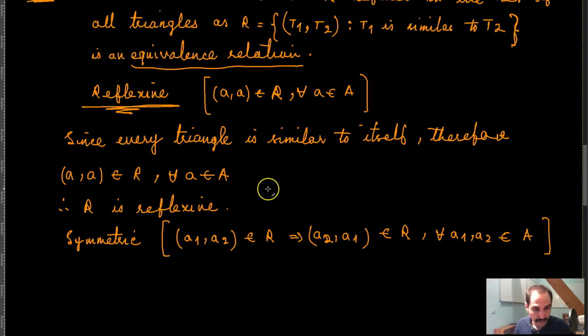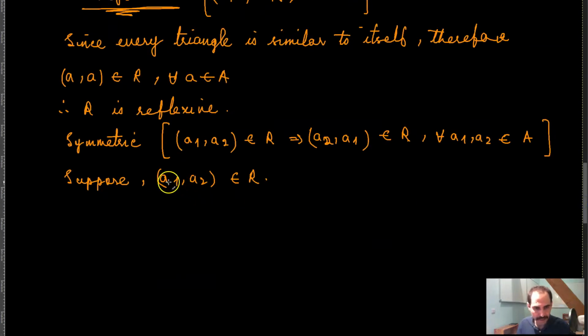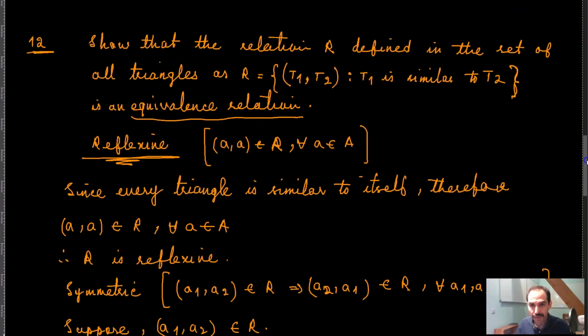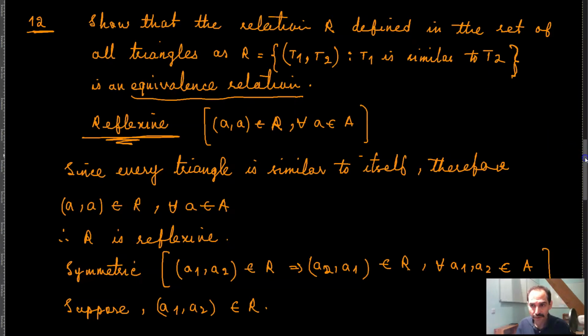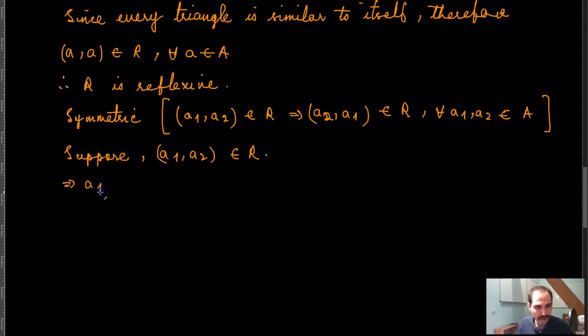Now you can argue that, suppose for example (A1, A2) does belong to R. That implies that A1 is a triangle similar to A2, which means that A2 is also a triangle.